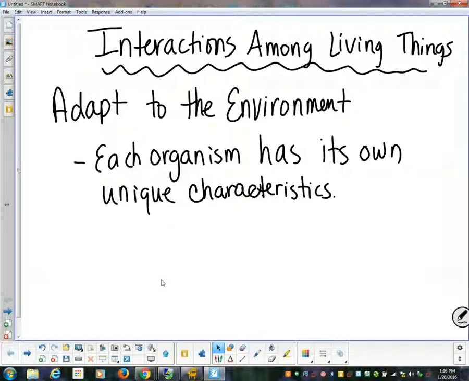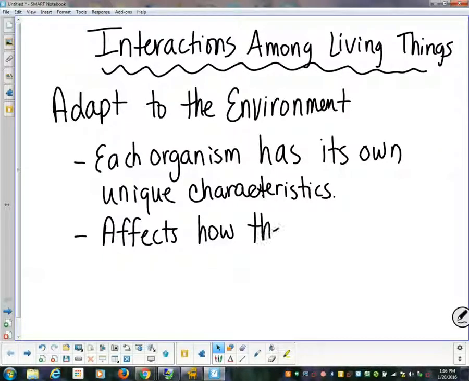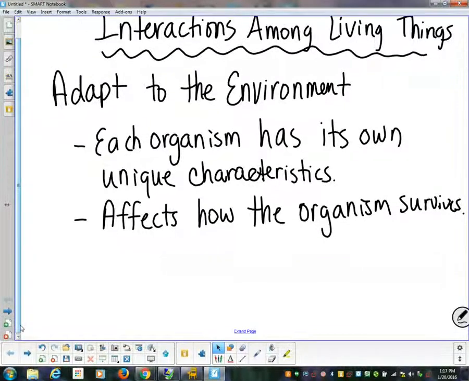And they affect how basically that organism is able to survive. Okay? And so it has to have a certain way that it is able to survive over that period of time. And so we talk about what natural selection is. So we introduce a term called natural selection.